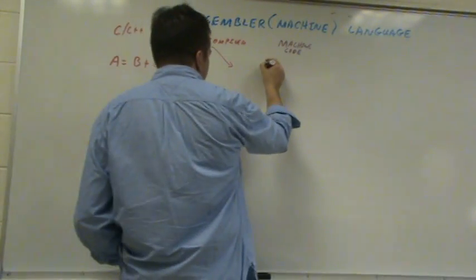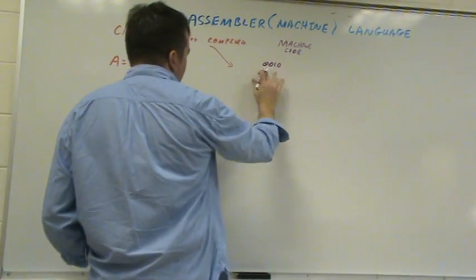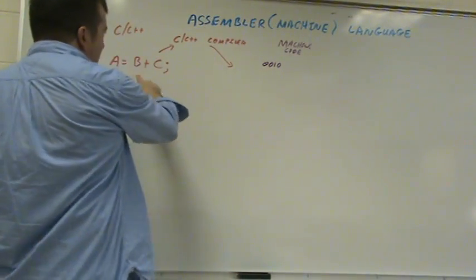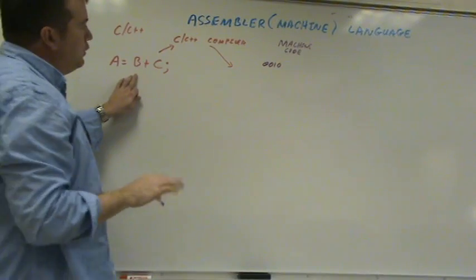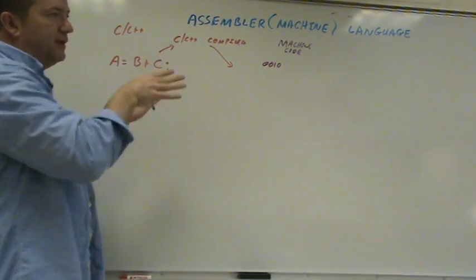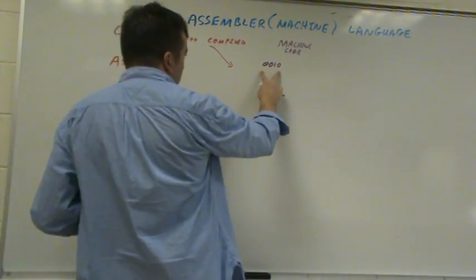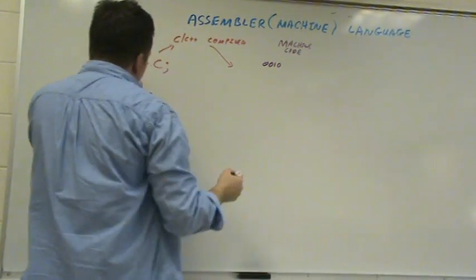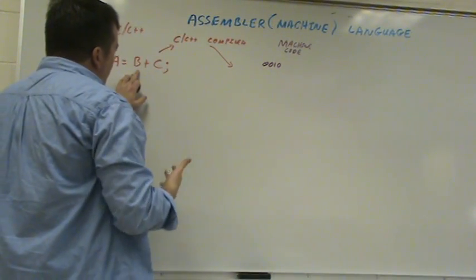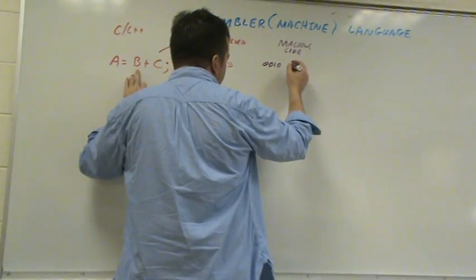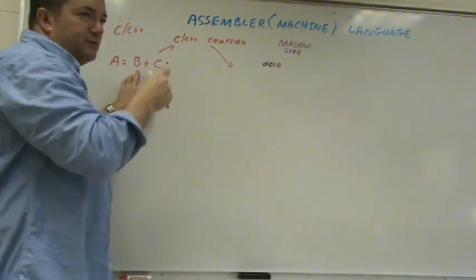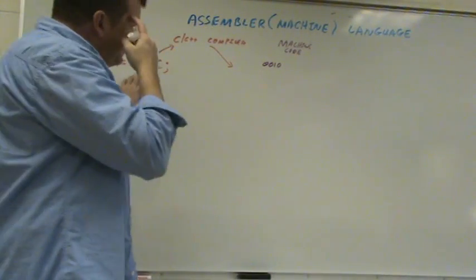So a bunch of zeros and ones, 0, 0, 1, 0. That might mean load. This could be a load operation. We're taking memory and putting it into a register. Then, depending on our architecture, sometimes we had 2 registers, sometimes we had 3 in each instruction.